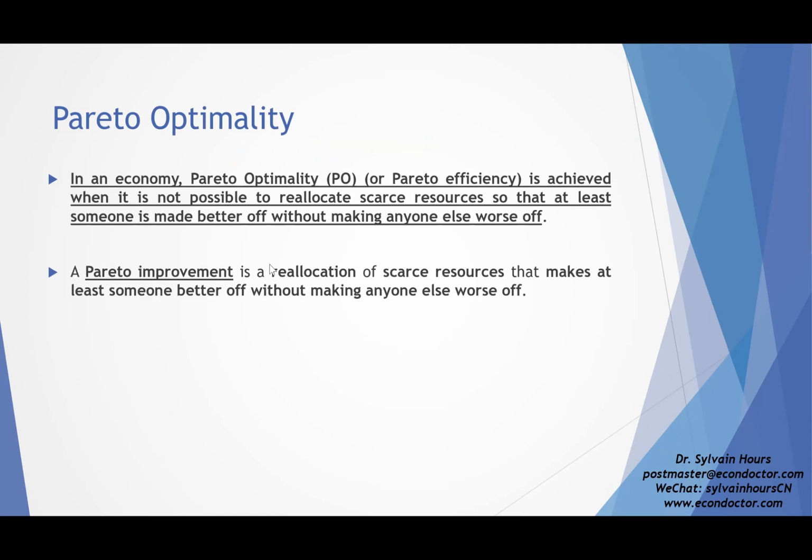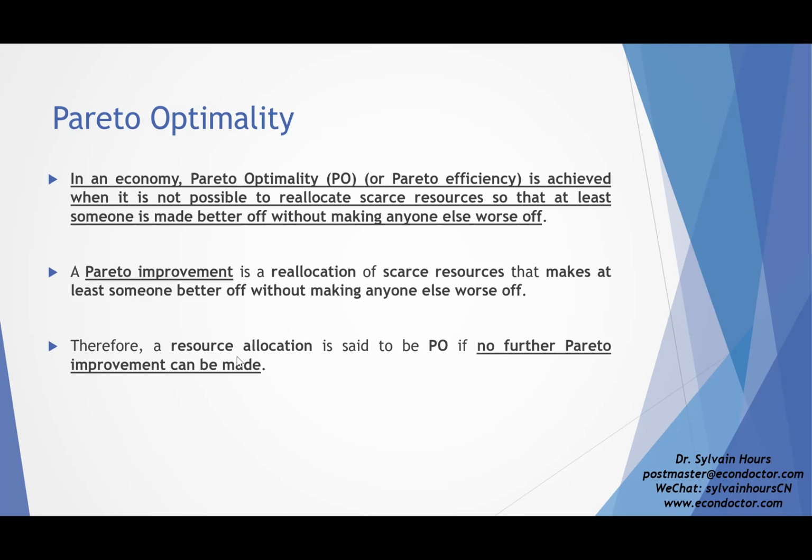A Pareto improvement is when you can reallocate the resources to benefit at least someone and you don't hurt anyone. So as long as you have Pareto improvements, then you have not yet achieved Pareto optimality. But if you consider a given resource allocation in which there are no further Pareto improvements, then this means that you have achieved Pareto efficiency.